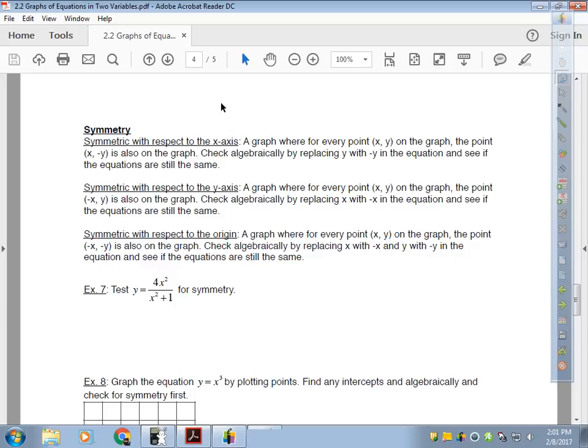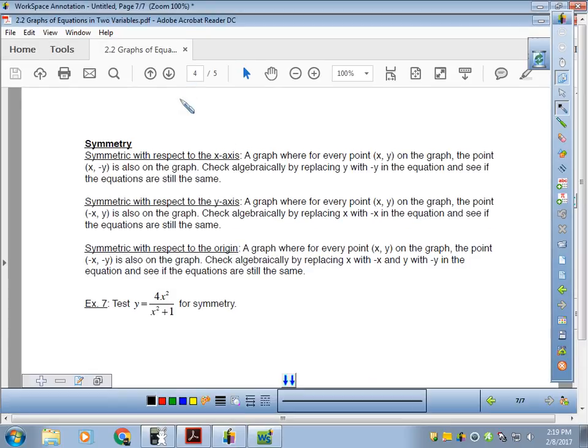Because when you reflect across the x-axis, if we just draw a little picture, if I have a point that's up here, when I reflect across the x-axis, across this line, my point is going to go down here, and so the y value is going to change signs. So we'll get a negative y value.